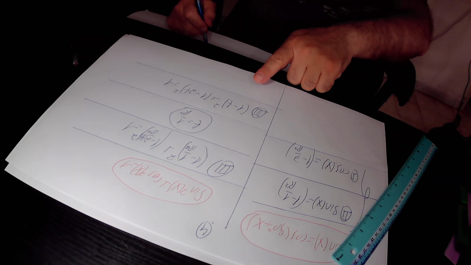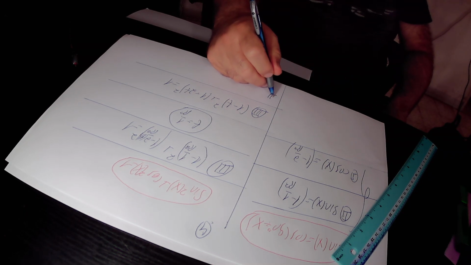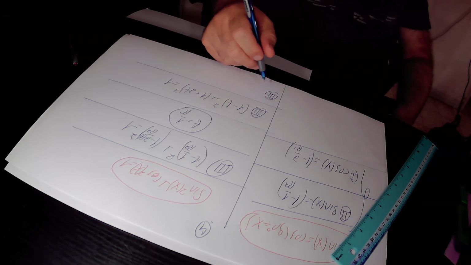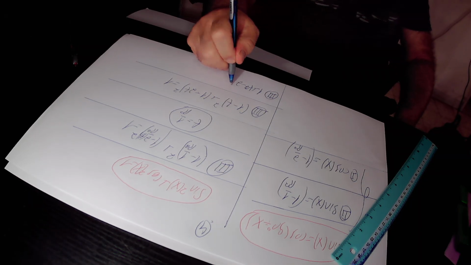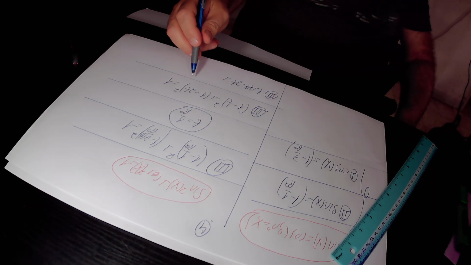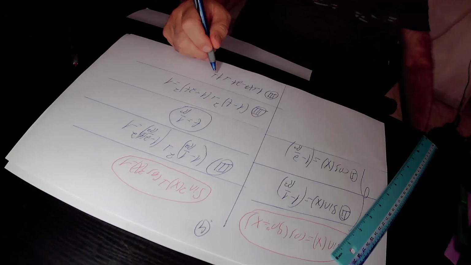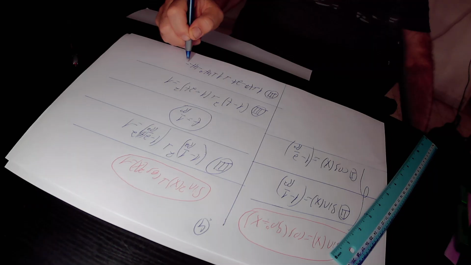So here we open the brackets on this side of equation 3, and we get 1 minus t squared, 1 minus t squared equals 1 squared, that is 1, plus t squared minus 2t, and here plus 1 minus 2t squared: 1 squared, that is 1, plus 2t squared, 2t squared is 4t squared, minus 2 times 1 times 2t is minus 4t, and this is equal to 1.